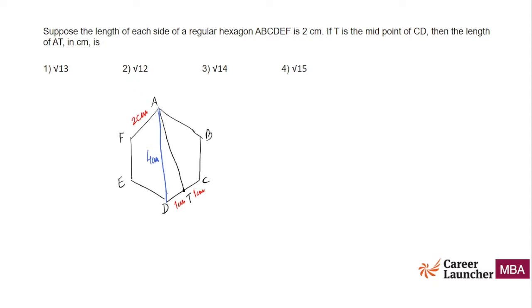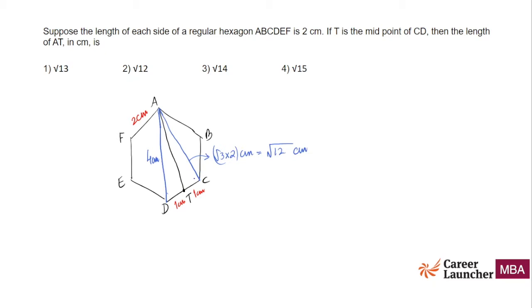So what we will do now is let's join AC, the shorter diagonal. Now the shorter diagonal is given as √3 times the side. So this is 2√3 centimeter, which can be written as under root 12 centimeter.